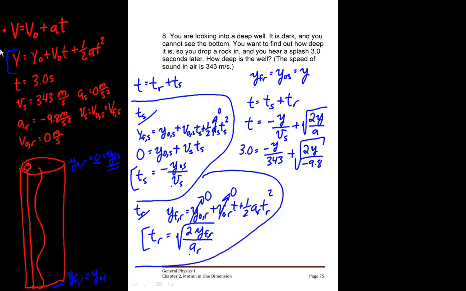Now, you might solve this in different ways. I'm going to do it this way, over here on the side. 3.0 plus y over 343 is equal to the square root of 2y over negative 9.8. I'm going to square both sides.